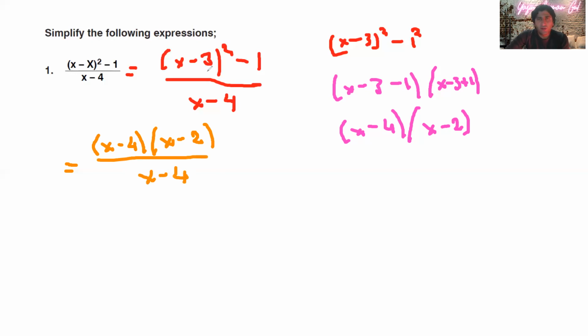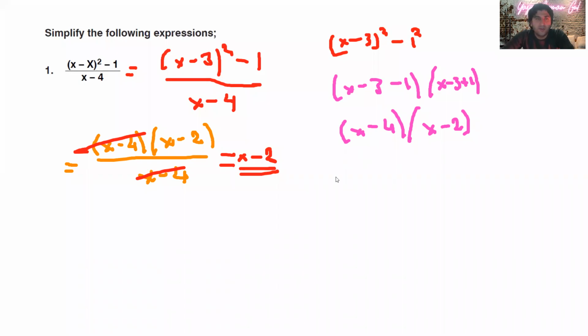Again, the same thing we're going to do here. The same ones will cancel each other, and the answer is going to be x minus 2, because the x minus 4 and x minus 4 will cancel each other.